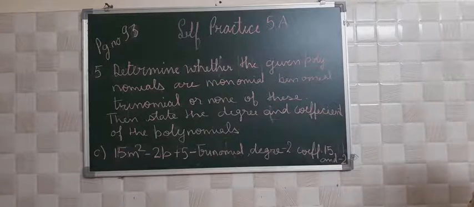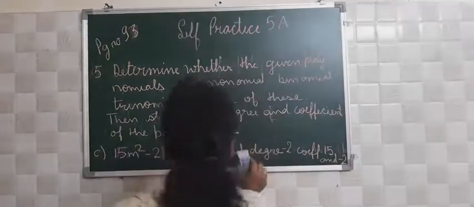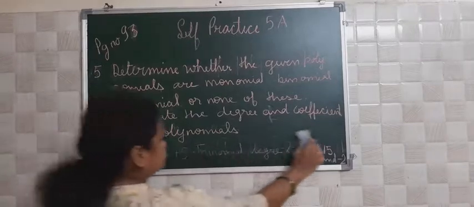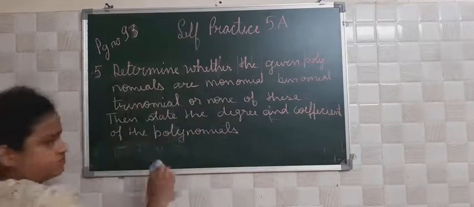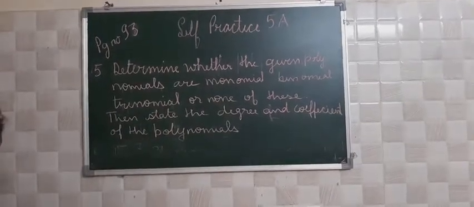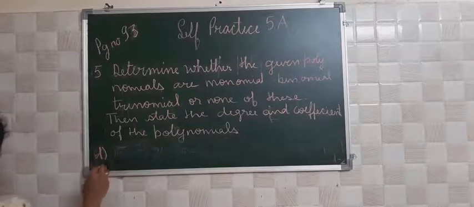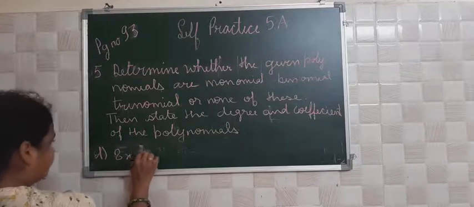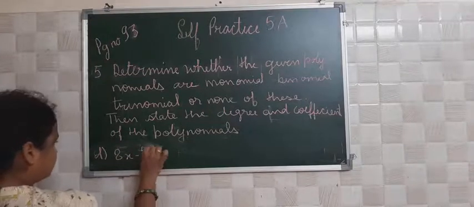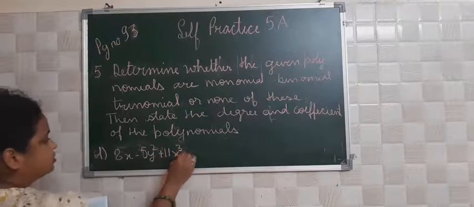Now D part. In D part, what is there? 8x minus 5y square plus 11x cube. Which type of equation is it?